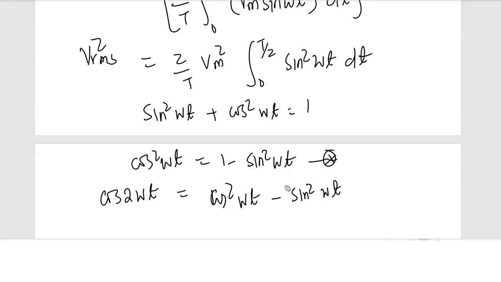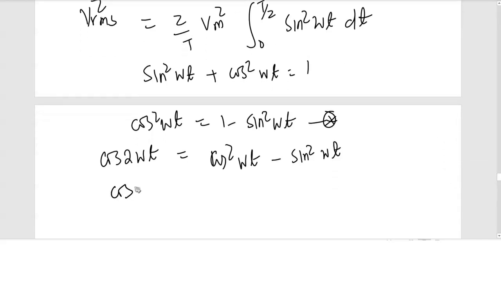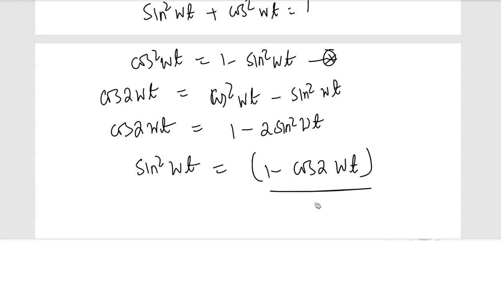So if I bring this in here, I'll have cos 2 omega t equal to 1 minus 2 sine squared omega t. So sine squared omega t is the same as (1 minus cos 2 omega t) divided by 2.